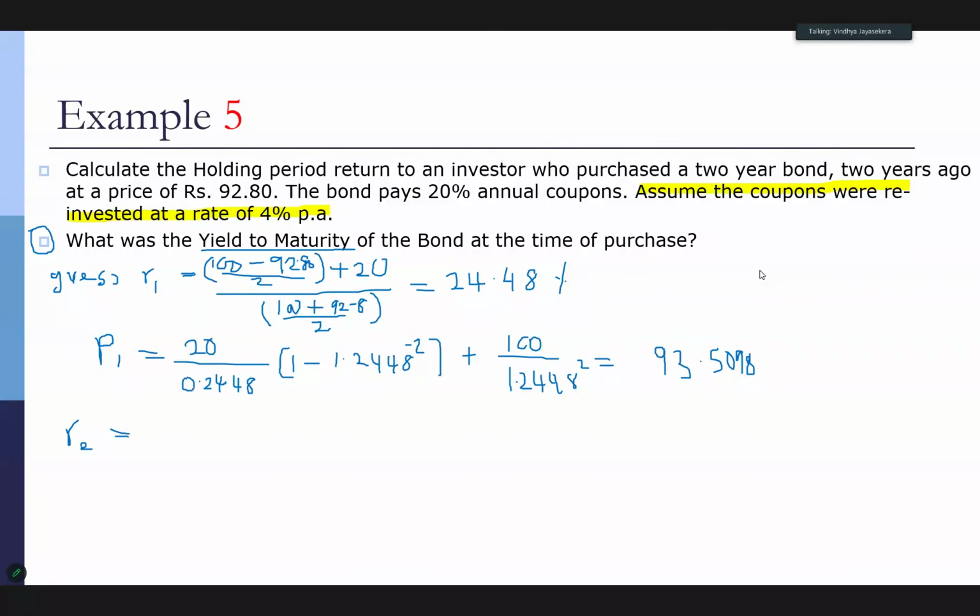A higher rate? Okay. Yes, because 93.5098 has to come down to 92.8. Therefore, R2, okay, you all want to guess 25. Fine. You can guess 25. So you can find P2 based on 25.